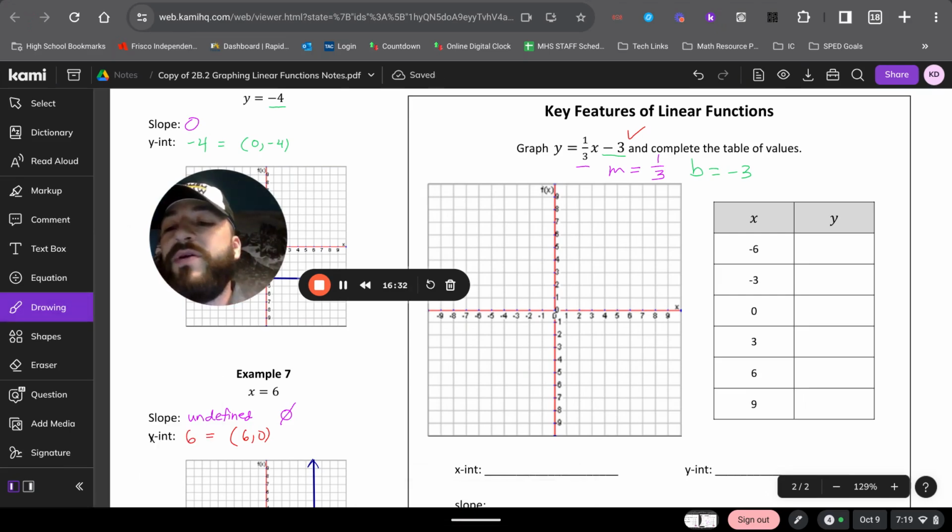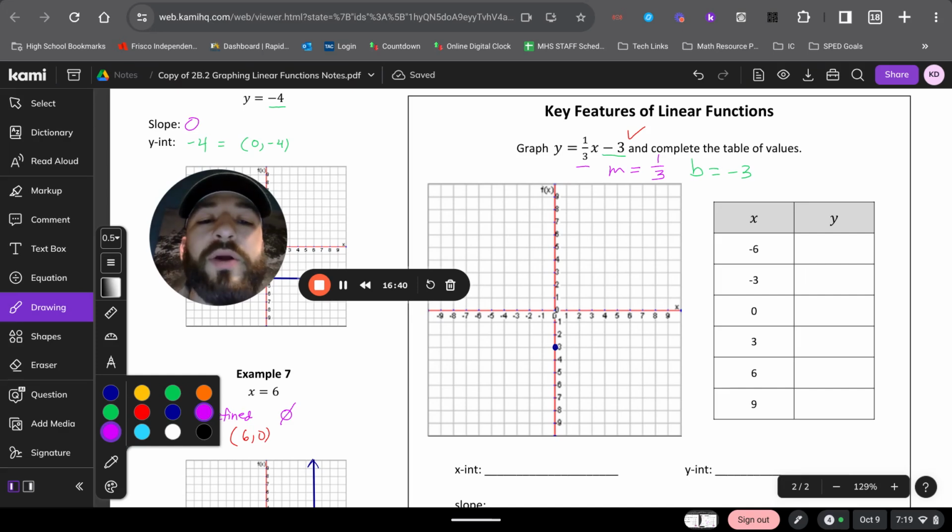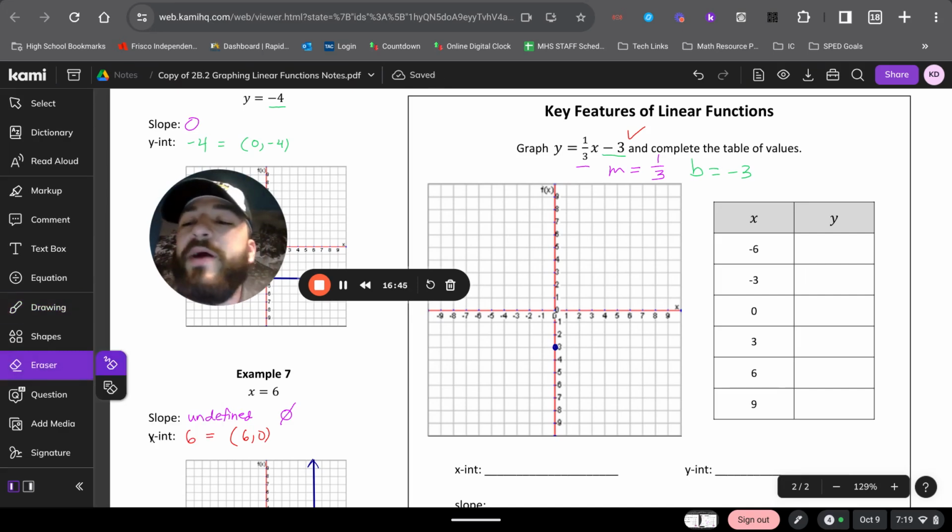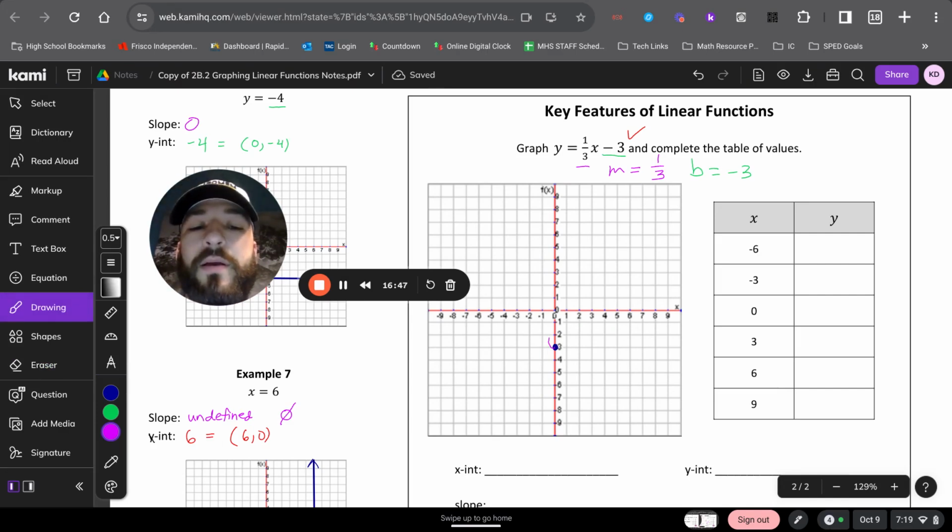So just like before, step 1, our y-intercept of -3. And then we're going to do our slope of 1/3. So we are going to rise, wrong direction. We are going to rise by 1 and run by 3 to get that second point.